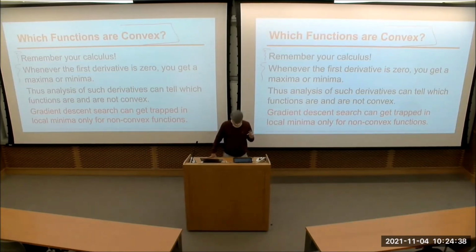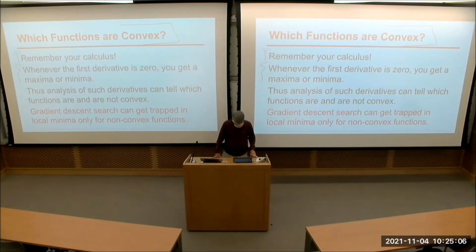This is beyond the scope of what I'm trying to teach here. But in principle, certain functions are convex, certain functions are not. When you were taking calculus, you were in the neighborhood of such things. But the analysis of the derivatives is what will ultimately tell you whether something's convex or not. Any questions? Yeah.